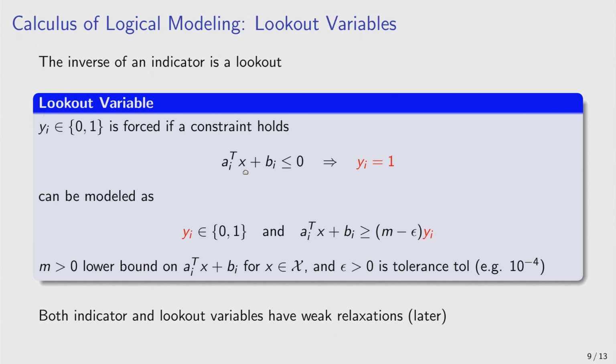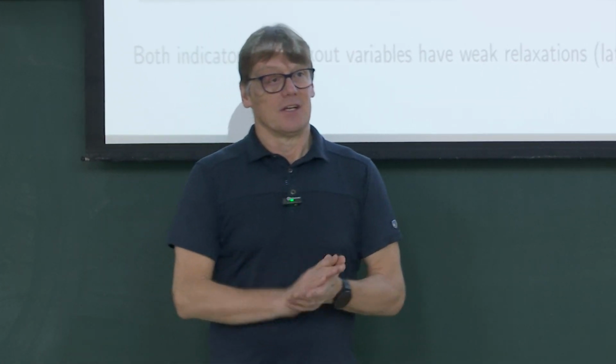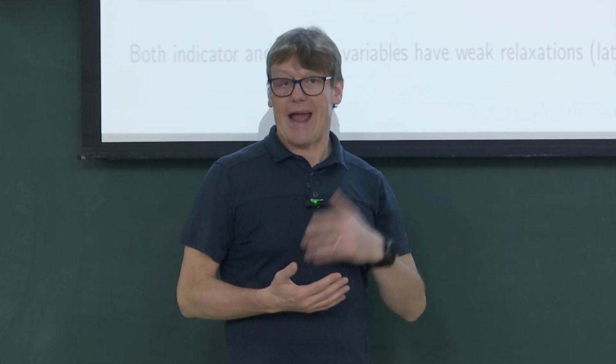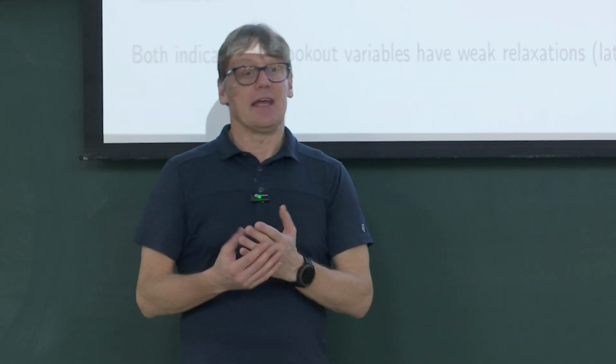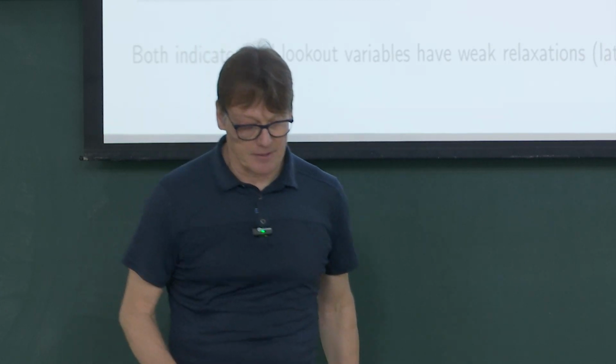Now there's an inverse or a reverse of this indicator, which is called a lookout variable. So this is a binary variable that's set to 1 if a constraint becomes active. So that's sort of the opposite. You want to take some action if some unit goes above a certain threshold, for example.